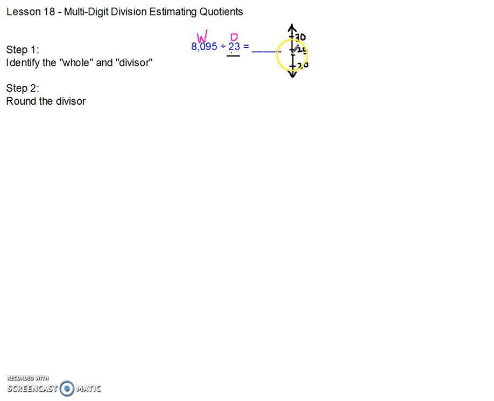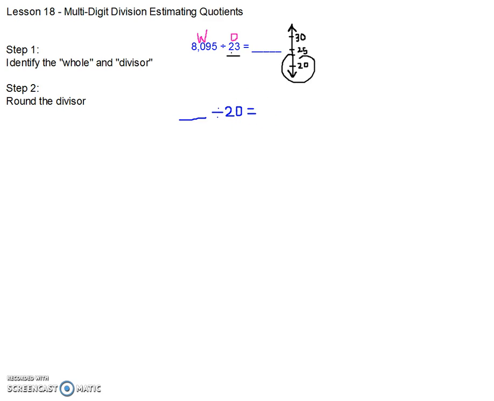And it falls below the 25, so that means I'm rounding down to 20. So I can go ahead and write that in my new equation. So I have my 20 here, and I'm going to have my whole number rounded there, division, and my equal sign.